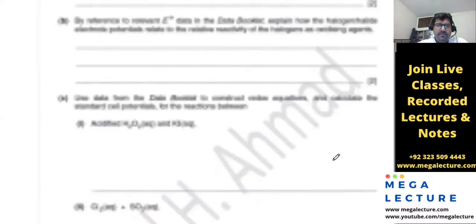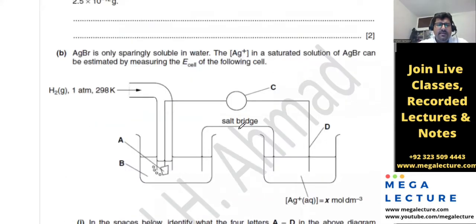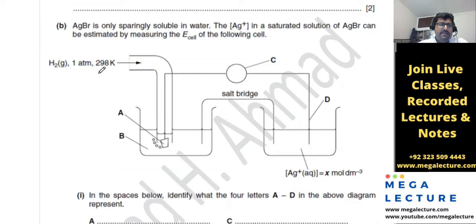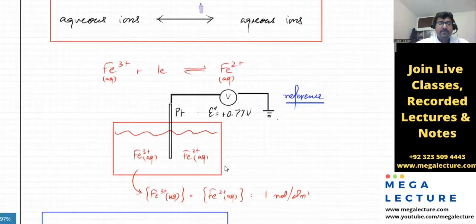Again, they're asking you to label this. So they're trying to measure the potential of Ag+. This would be made out of silver, and it's in equilibrium with silver ions. But okay, we'll do the rest later. I just wanted to show you questions about drawings. Remember, drawings are important, 4-5 marks.